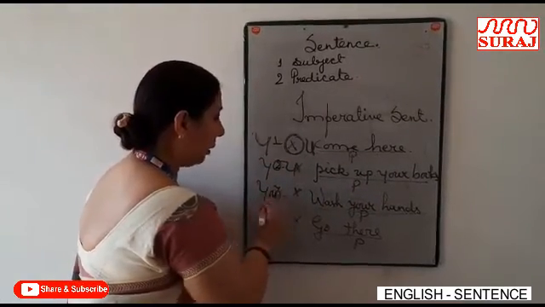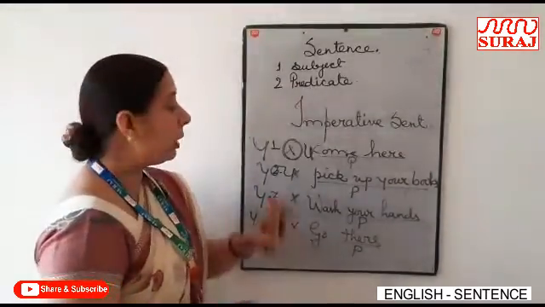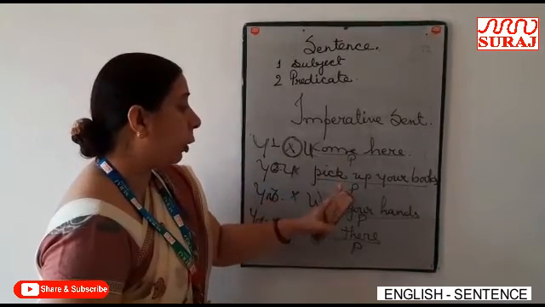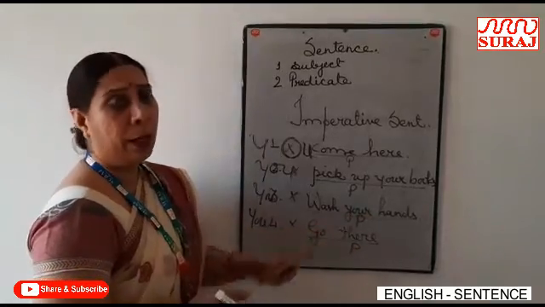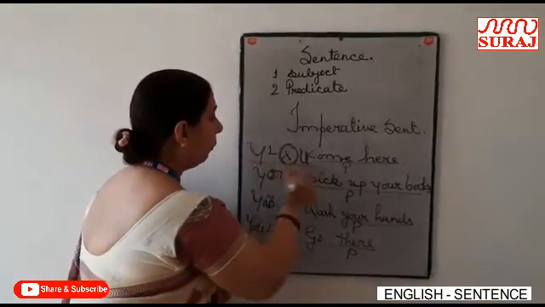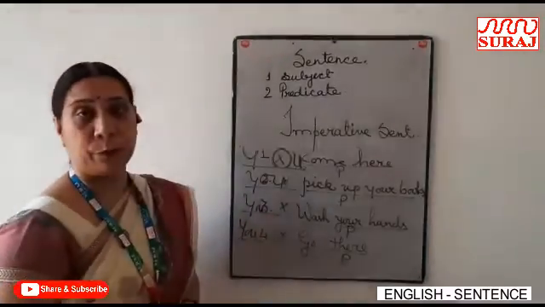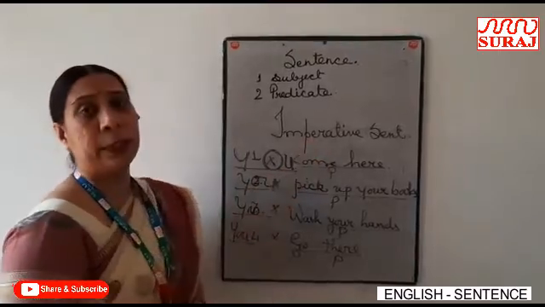You wash your hands. You go there. It means we are talking to somebody. There is somebody to whom we are giving command, request or advice to wash their hands and other things. So you is the invisible subject in these imperative sentences.